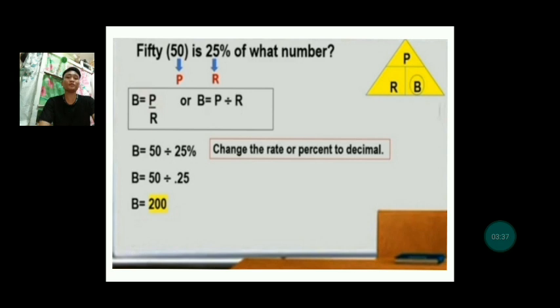So, problem number 3: 50 is 25% of what number? What are we looking for? The base.